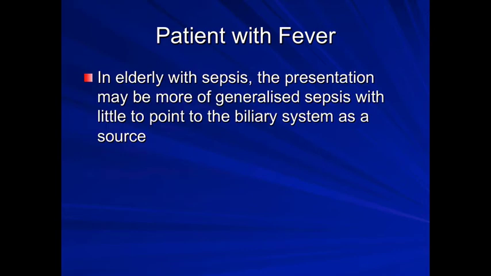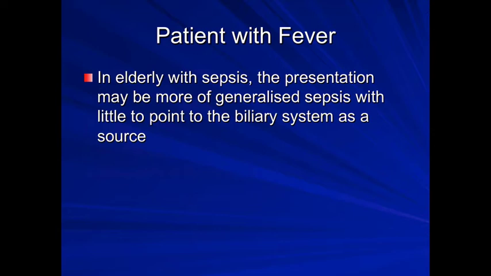One of the things to remember in these cases is that, particularly in elderly patients, the presentation may well be much more of a generalized septic state, up to and including septic shock, without many features to specifically point to the biliary system as the source.